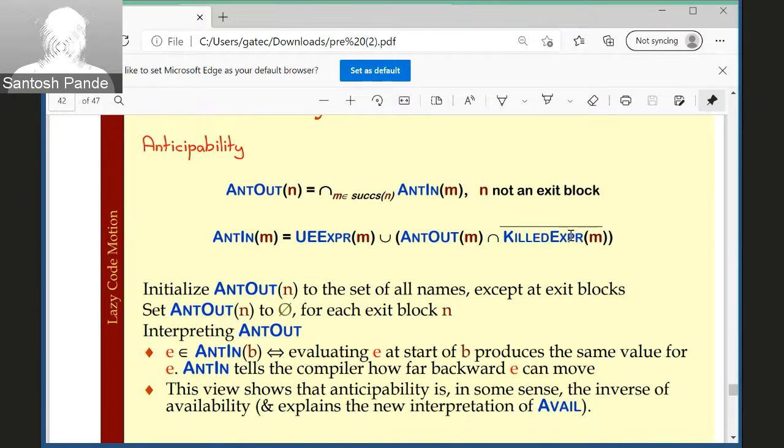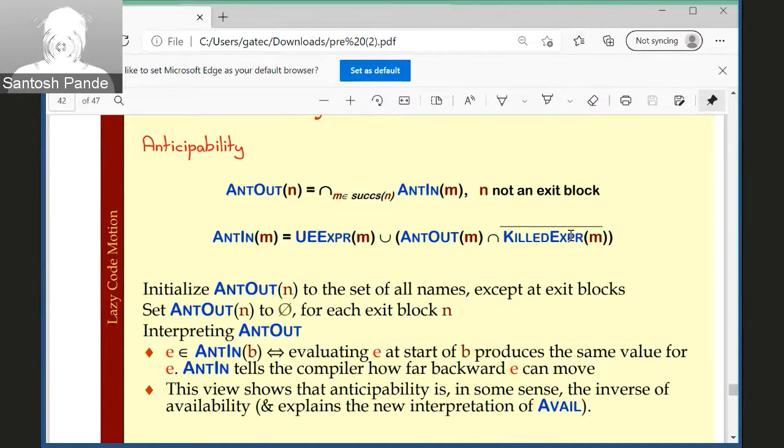The way we'll cover it is to try and go to a place just following the non-availability edges. If the non-availability is because x or y was changed, then we stop right after that particular point and place the new x plus y, just like the stopping condition we looked at.